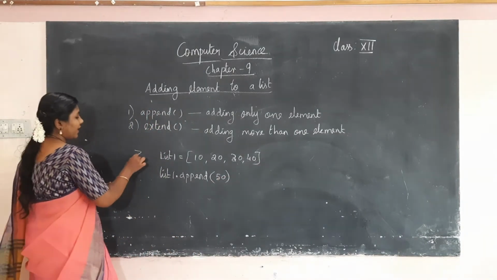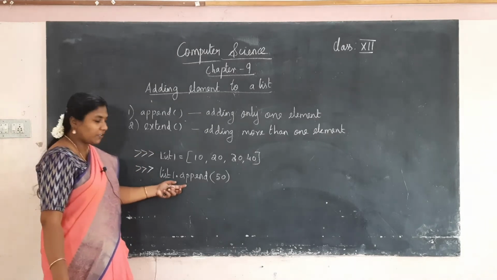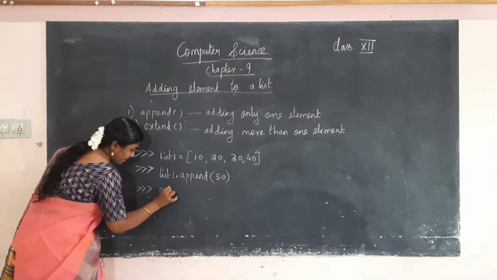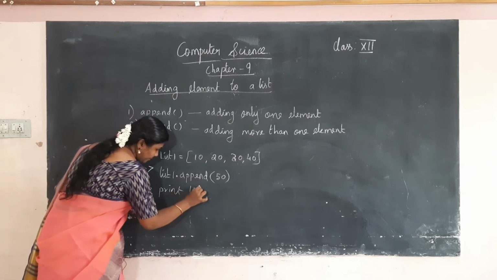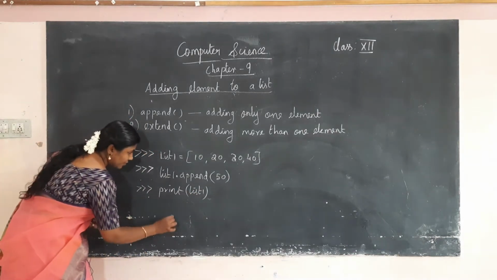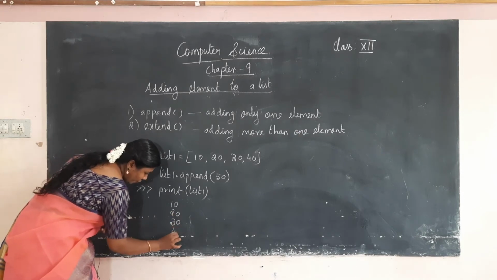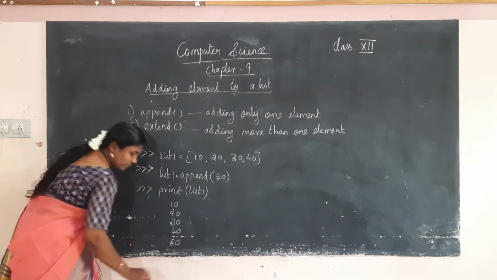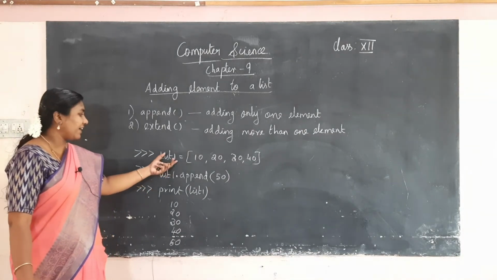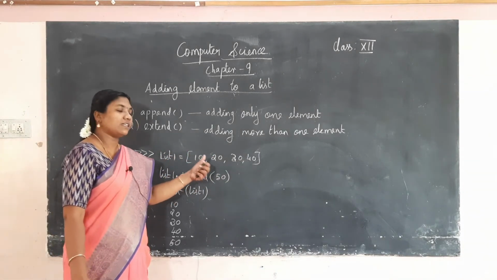So if I have created a list, and in the next line I give list1.append(50), and in the next line I ask to print list1, what will be the values? 10, 20, 30, 40 and 50. First I created a list with the name list1 and it has 4 elements: 10, 20, 30 and 40.